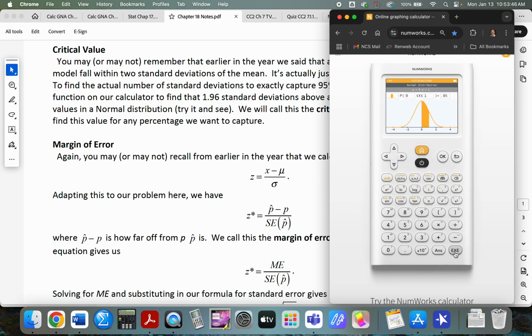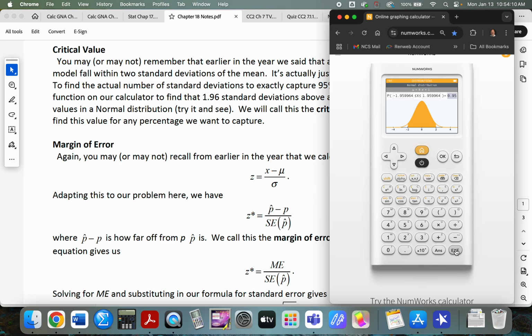It's going to be about 1.96 standard deviations to either side of the mean. Sorry, say that again. 1.96 standard deviations to either side of the mean. So that's the margin. Oh wait, no. That's the. Well, we'll talk.